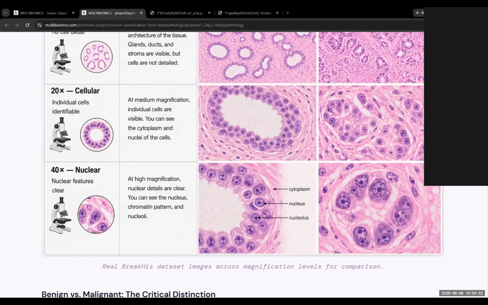I have a question for you. For computer vision, for CNN classification, is higher magnification better, or is lower magnification better? Any guess, a wild guess?